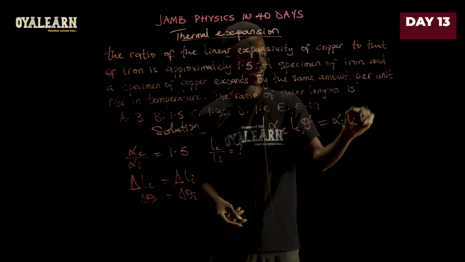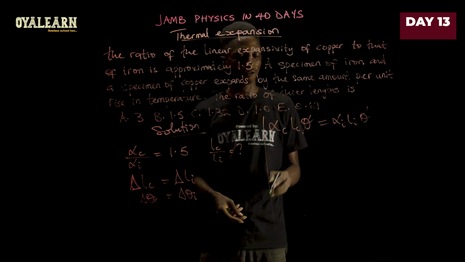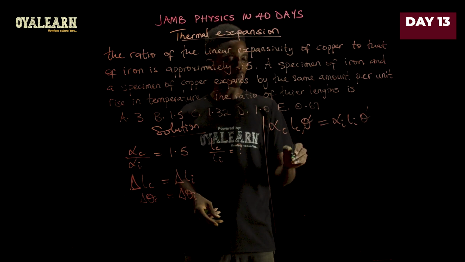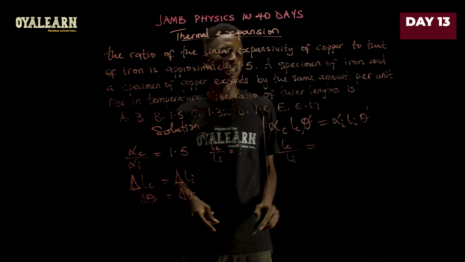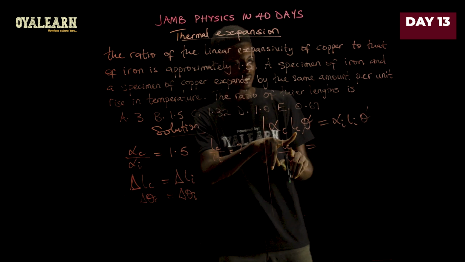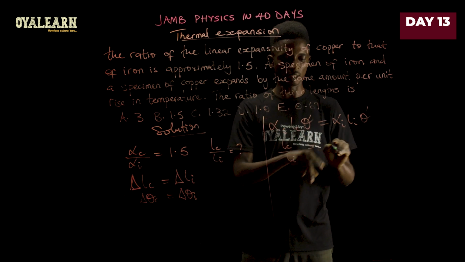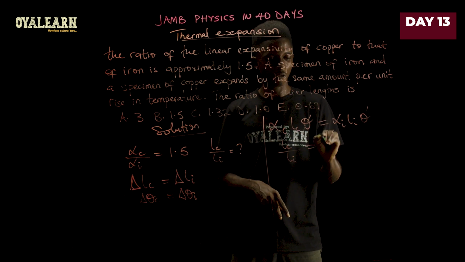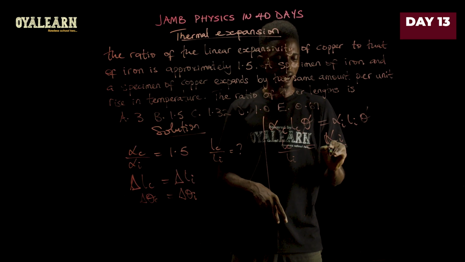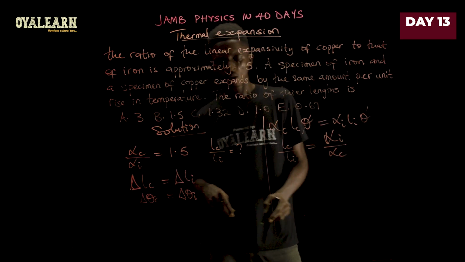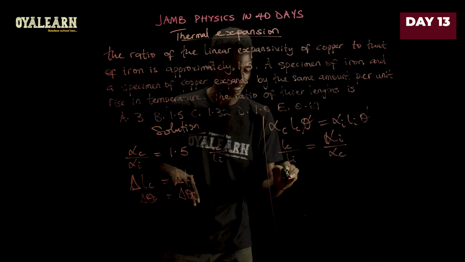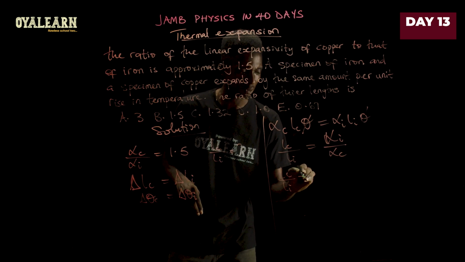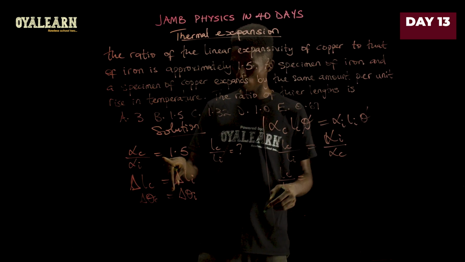So we see that theta cancels theta. Now from here we can then say the ratio of their lengths, that is LC over LI, will then be, now I've brought this here, so it means that this will have to come down here. So we have here alpha I over alpha C. But what we have is the reciprocal in this case. So that means that LC over LI would then be the reciprocal of this.